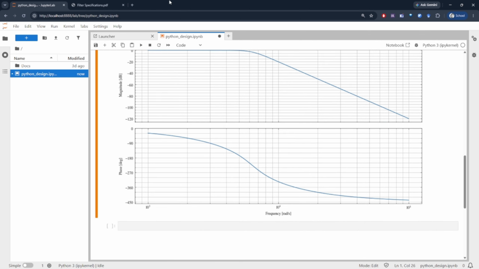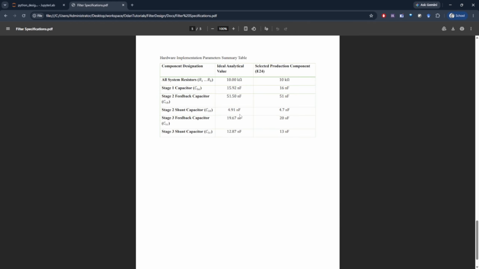From that, these are the values that I'm going to use to draw that, and there's something called standard values. Every resistor, if you get a resistor of 100, you go to the table and look for a standard value. So I decided to use all the resistors as 10k ohm. For 15.92, you look for a standard that is close to that.